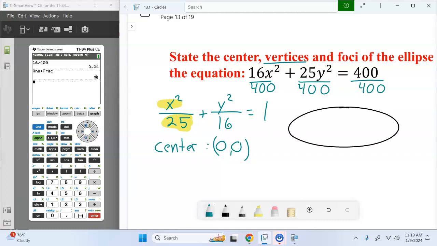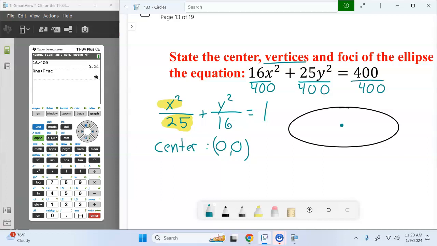Sometimes it's going to be helpful to draw this, because if you're having a really hard time visualizing the points in relationship to the center, just a little sketch can go a long way in making sure that you have everything going in the correct direction. So we're starting at our center, 0, 0. Okay? So from center, my vertices, are they going to be left and right or up and down?